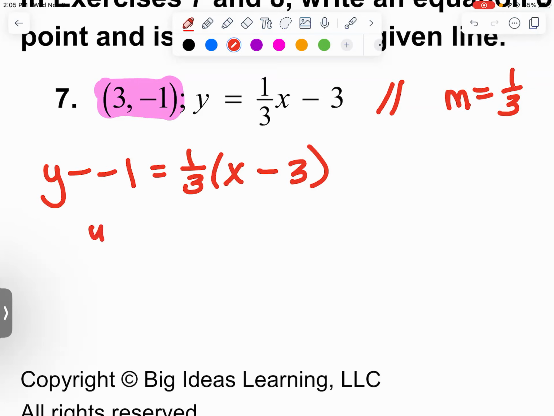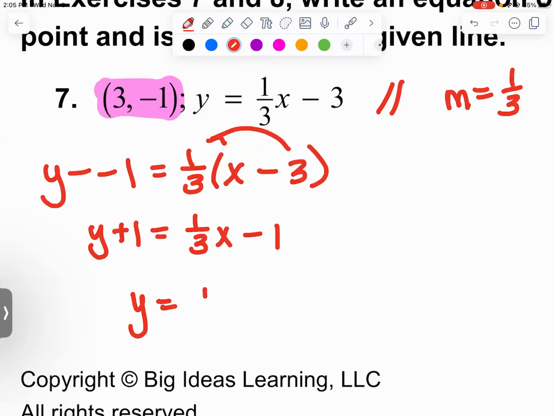Yeah. So we have y plus 1 equals 1/3 x minus 1. Which means y equals 1/3 x minus 2.